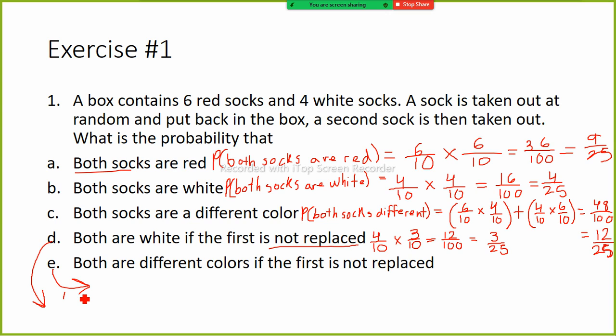Alright, so this one is going to be a little bit different. You have to think with me. We want both colors to be different, so there are two ways this could happen. The probability both are different.